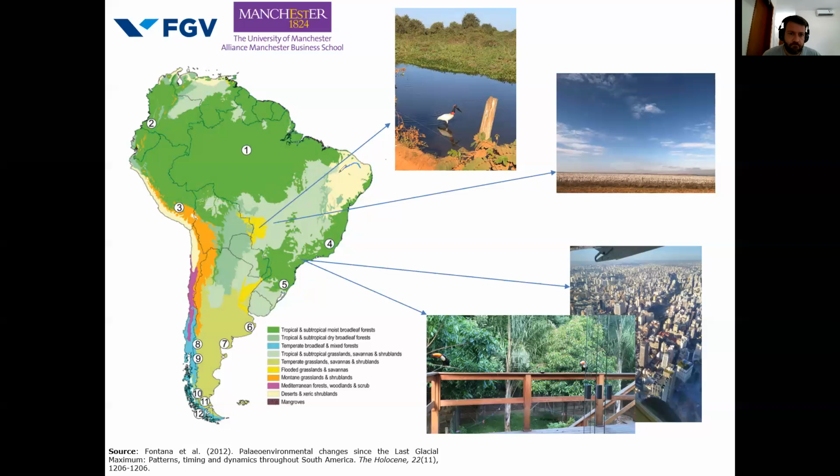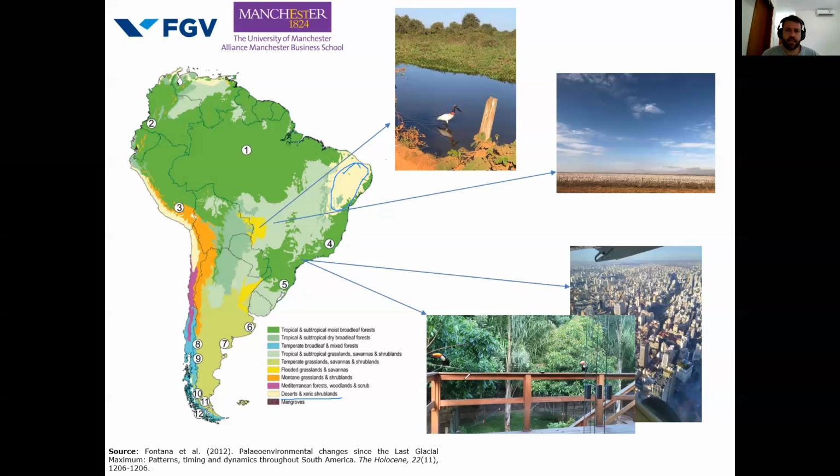Okay, what else we have here in this region? We have this important region here. This region is known as the Semiarid region in Brazil, and it looks like a xeric shrubland. It is a very dry region with a very peculiar vegetation.